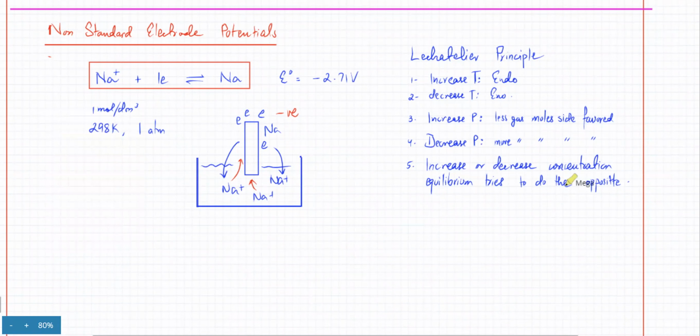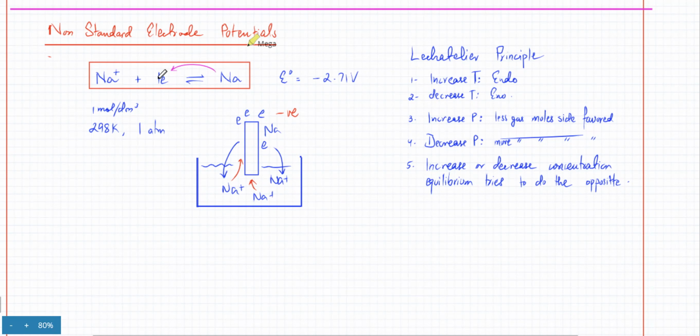So this equilibrium is going to shift position. And remember this, if this equilibrium for some reason shifts in the backward direction, for example, if you've decreased the amount of sodium ions, equilibrium is going to try to make more sodium ions. So the equilibrium would shift backwards.